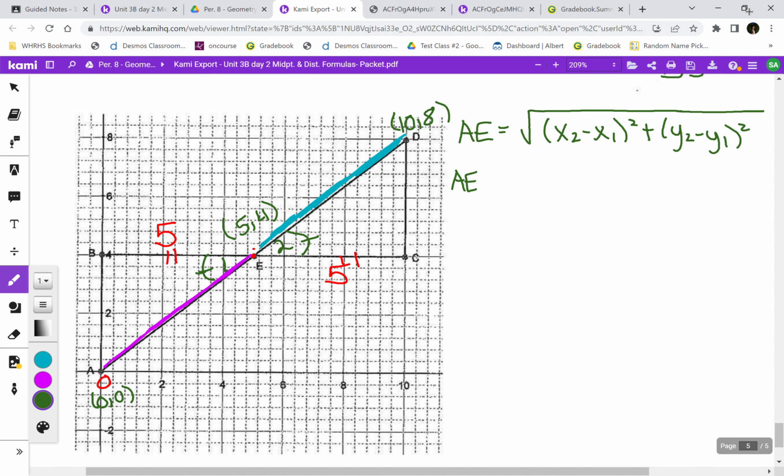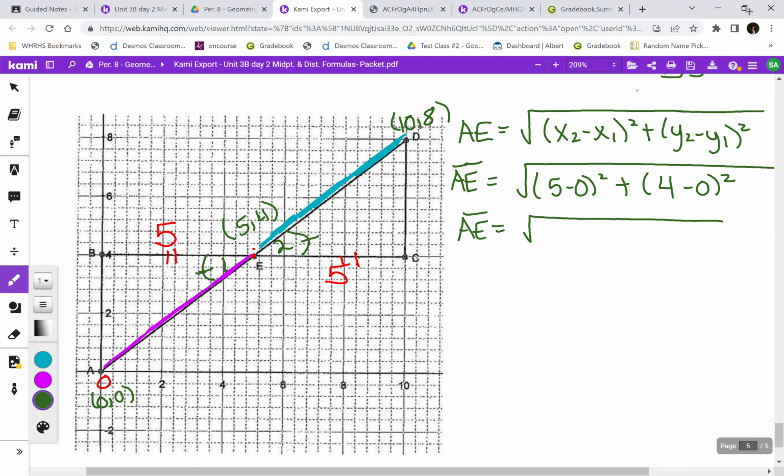All right, so I'm going to have 5 minus 0 squared plus 4 minus 0 squared. That's going to be 25 plus 16. And that's going to be the square root of 41.